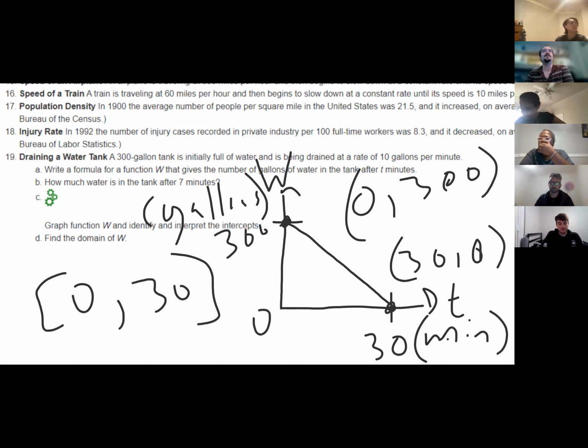So this model only works from 0 to 30. Close bracket on both. So we're only working within the first quadrant, right? We have those restrictions of reality. Reality is only happening in the first quadrant.